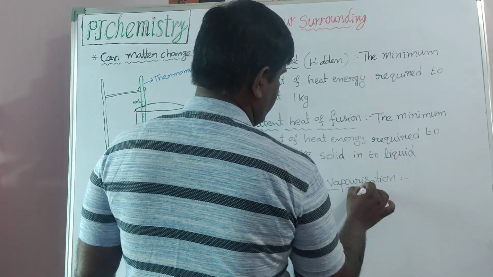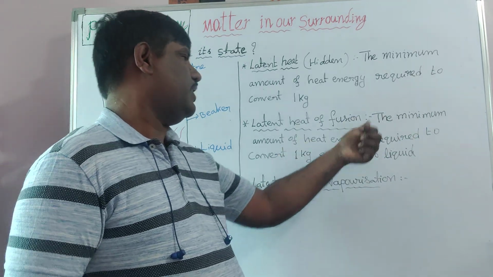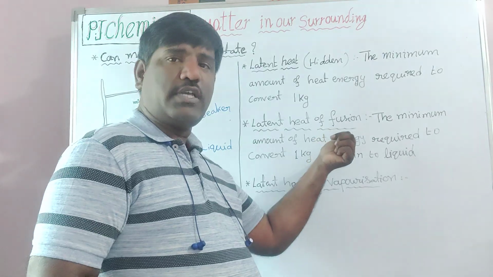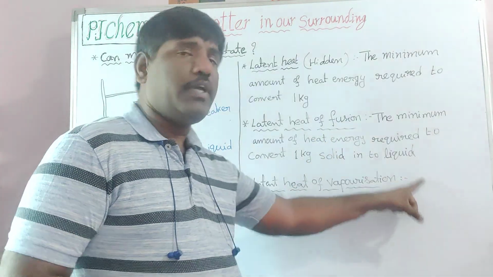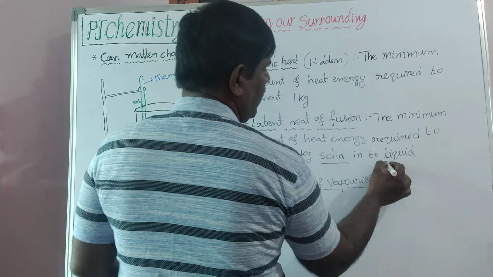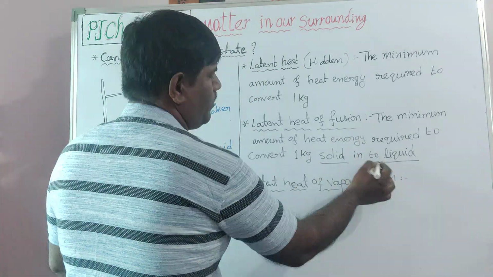Same definition: the minimum amount of heat energy required to convert 1 kg solid into liquid means fusion. Liquid into vapors, 1 kg of this. Only this area I am going to change.